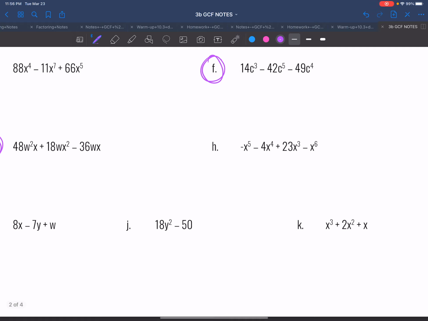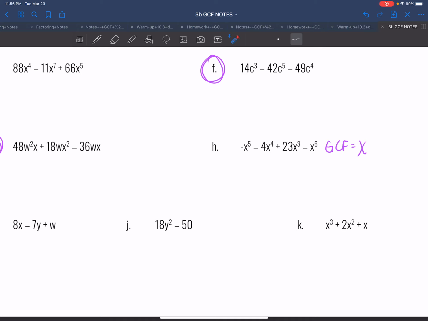So H, this one has 4 terms. The process is exactly the same as we did up above. So I'm going to look at each term here. Already I can tell I'm not going to be able to have a number as part of my GCF because some of these terms don't have coefficients, but I can definitely factor out an x.